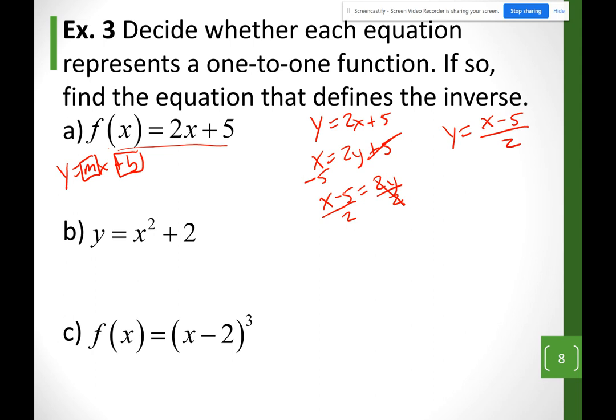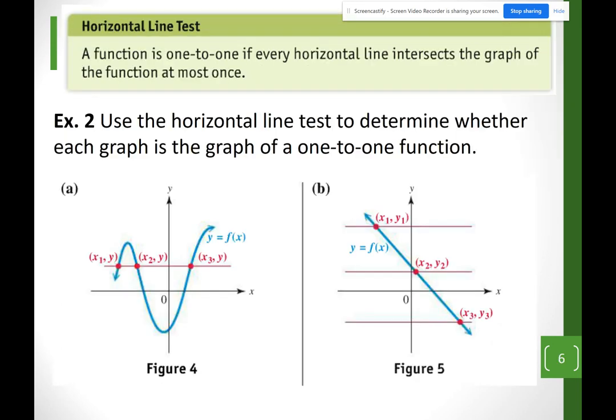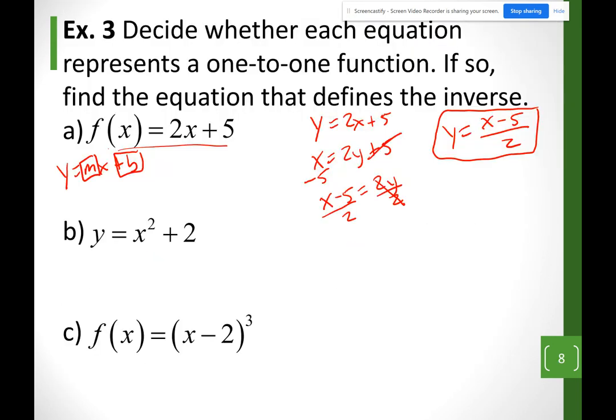I'm fine with that if you guys are writing this on paper. Now, my math lab might say you must separate them. You must separate this as y equals x over 2 minus 5 over 2. Notice how it is the same thing. It's just that a fraction got split.